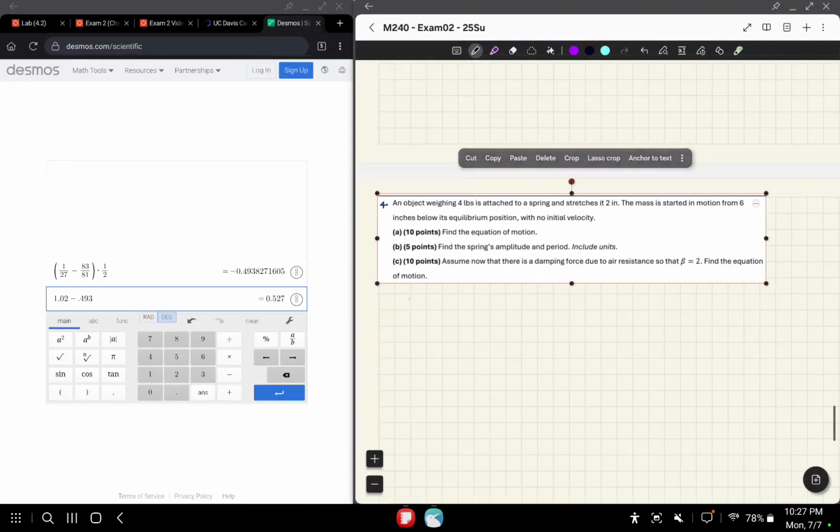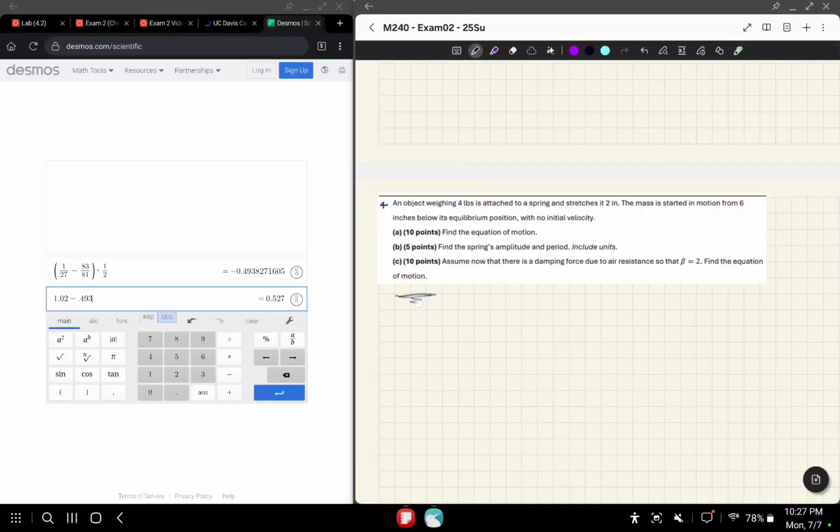As we can see, the free body diagram: the object is pulled 6 inches below, so 6 inches positive. This will be IVP 1: 6 inches, which is 1/2 foot, because we're doing feet. There is no initial velocity.